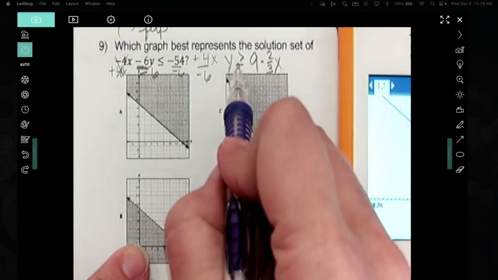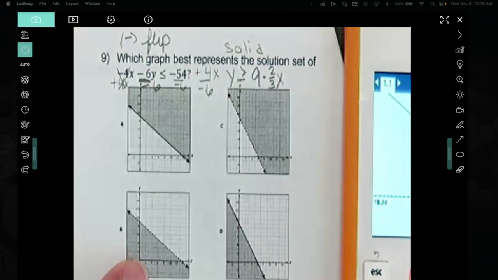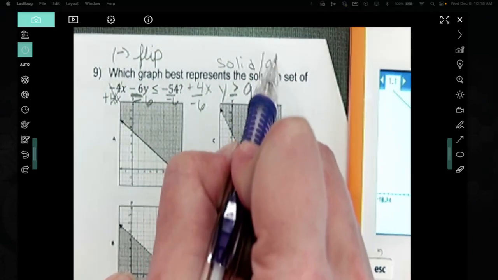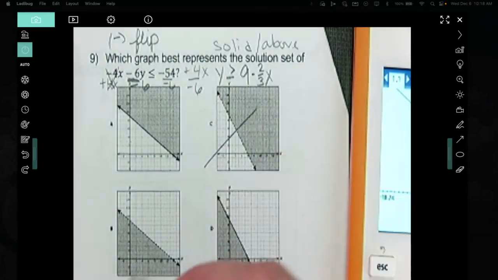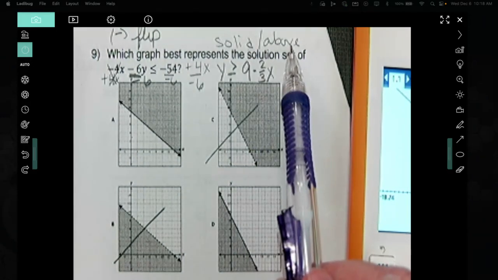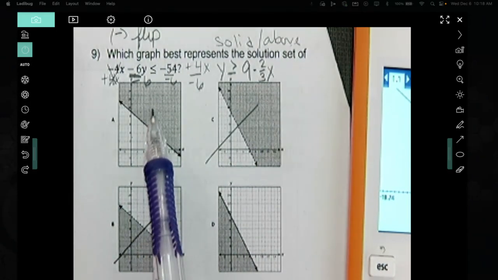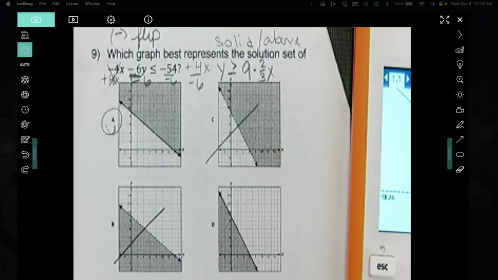Now this has or equal to, so this is going to be a solid line and it's greater than, so we need to shade above. So since this is a solid line, I know C is not an answer and B is not an answer. Those are dotted lines and we need to shade above. So this one is above and this one is below. So it has to be A.